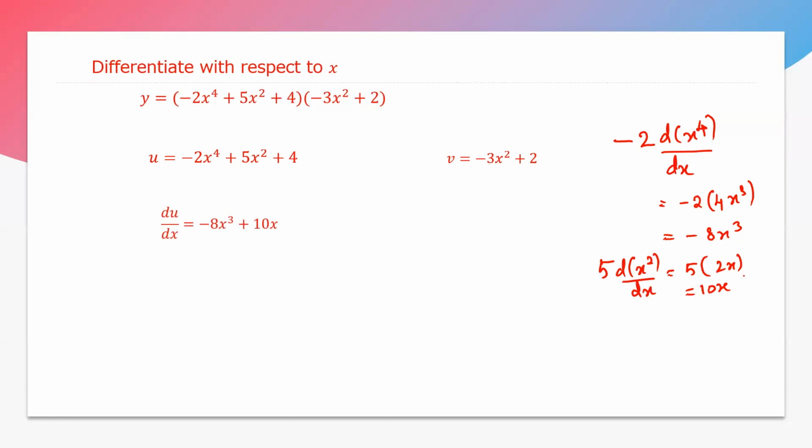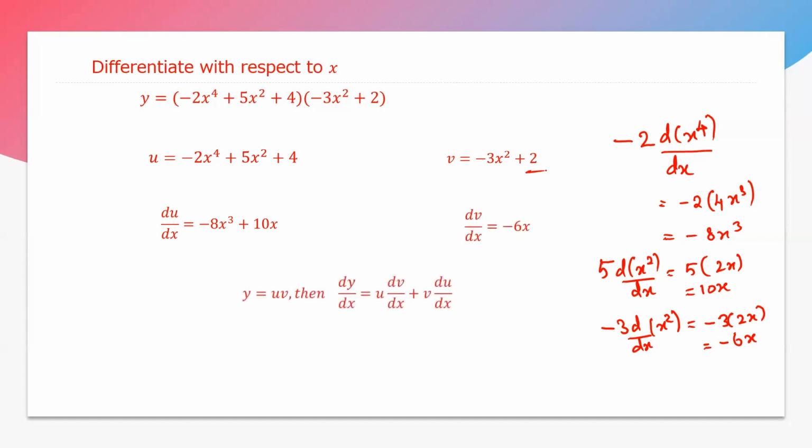And when we differentiate v with respect to x, here the constant multiple is minus 3. And let's differentiate only x square, which is equal to minus 3 into 2x. When we multiply this, we will get minus 6x, and differentiation of 2 is 0. So dv by dx is equal to minus 6x.